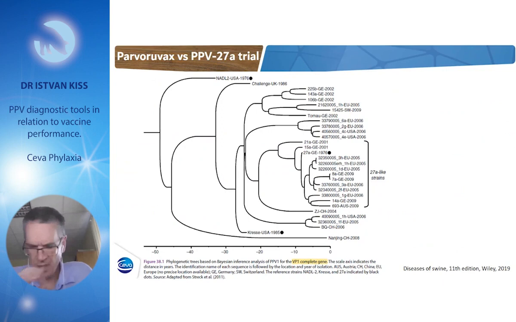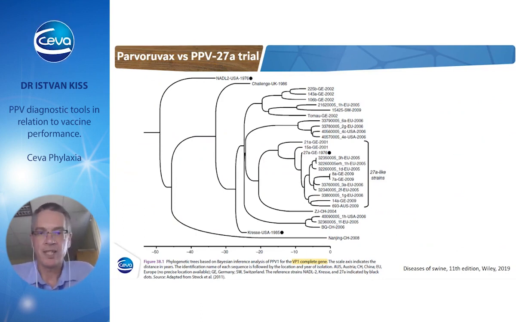This is, excuse me, a very nice way, but not the usual way. What I highlighted here is that the tree was prepared out of the VP1 complex gene, and this is very important when you want to compare phylogenetic information. You have to stick to the same resources.